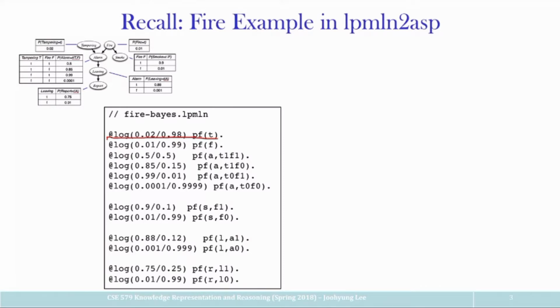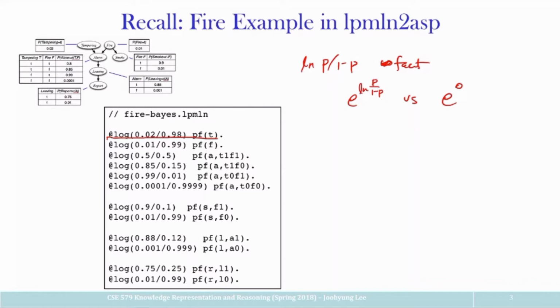Log of p over 1 minus p. When it is chosen, the weight it will receive is e to the power of log of p over 1 minus p. So in general, if you have log of p over 1 minus p for a certain fact, and this fact is true, then the weight will be e to the power of log of p over 1 minus p, which is actually p over 1 minus p, versus if it is not chosen, then it's e to the power of 0.